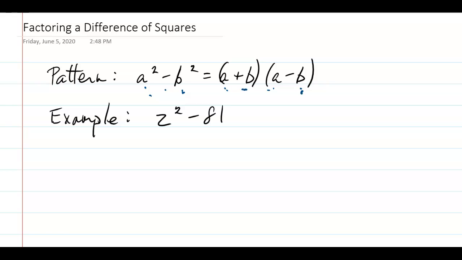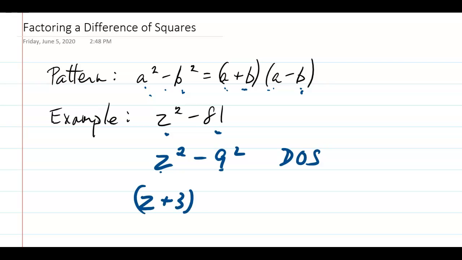So if we see a square like z squared and we see 81, 81 is a perfect square, isn't it? It's 9 squared, which is a difference of squares. I like to call it DOS for short, difference of squares. It factors into z plus 9 times z minus 9.